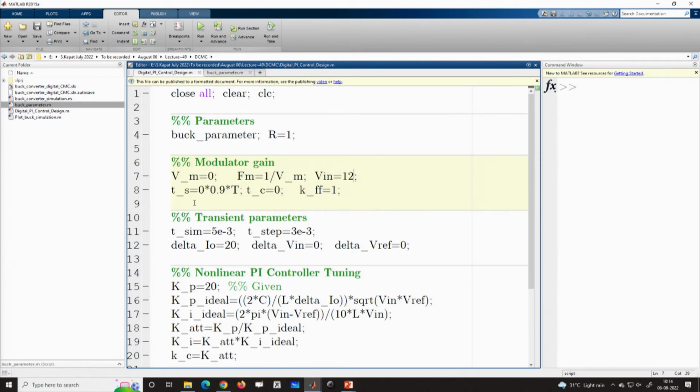Now, if we apply a 20 ampere load step, then the ideal Kp gain can be calculated. If we evaluate, it is 107.775, which is pretty large, but we only have 20 as the upper limit. Suppose we want to constrain this gain to 20, then what to do?